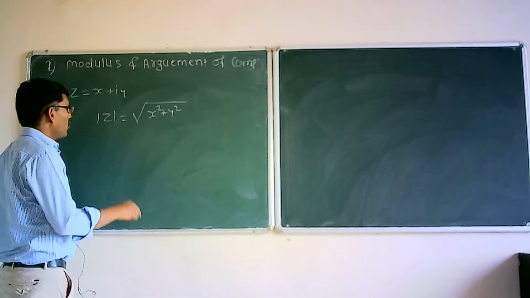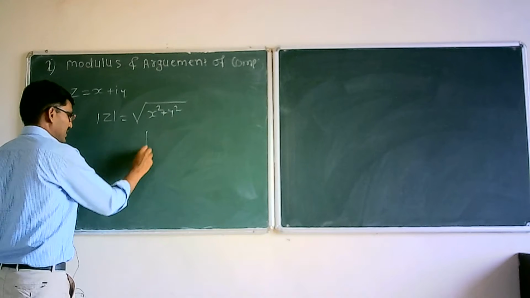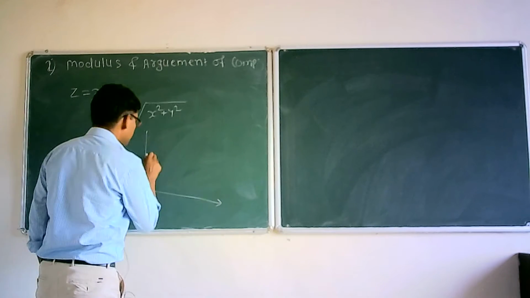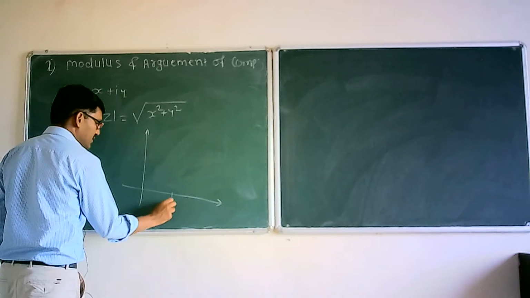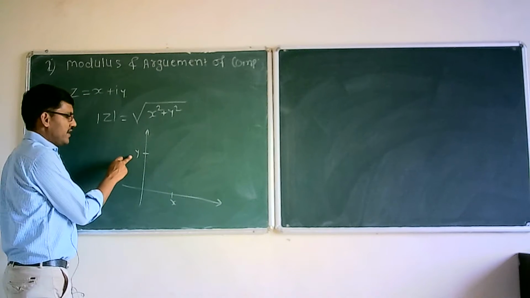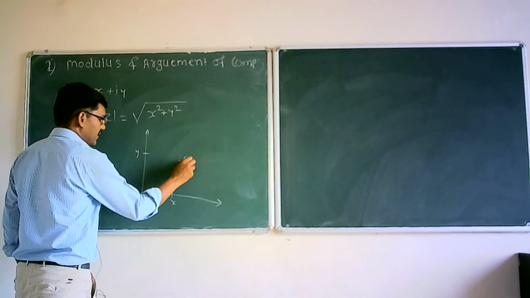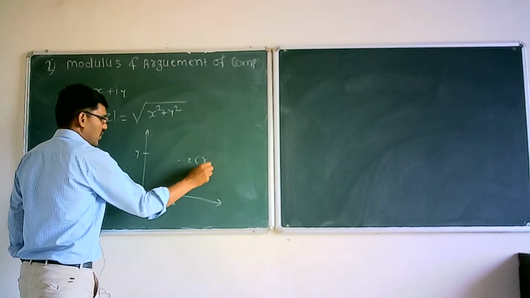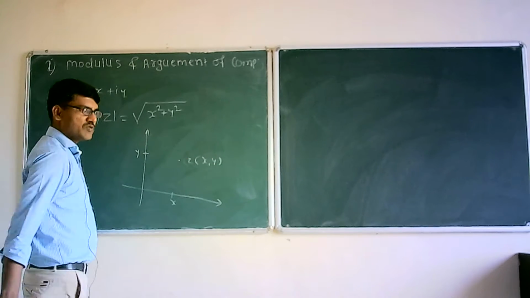Now, what does the modulus of z geometrically represent? All of you know that this is the complex plane, and if here is x, the real part of z, and here the imaginary part of z, then this point represents z = (x, y).